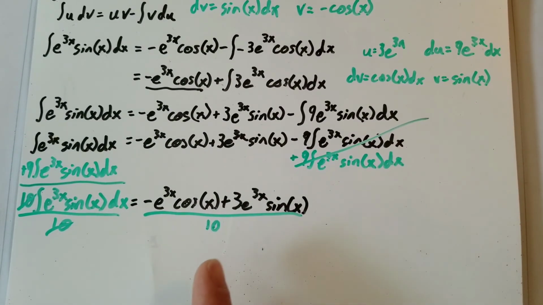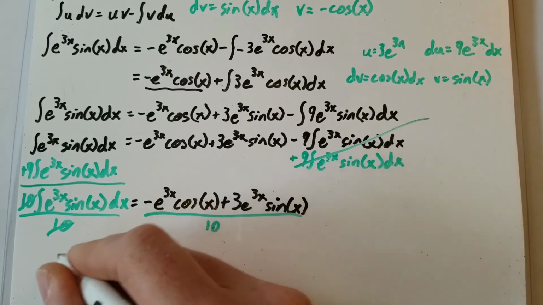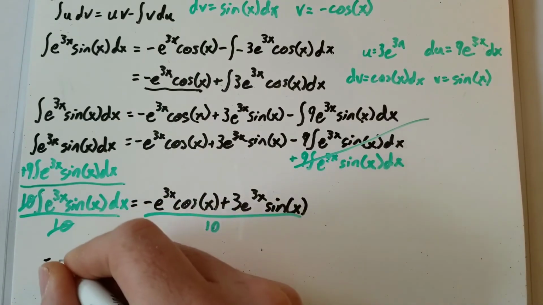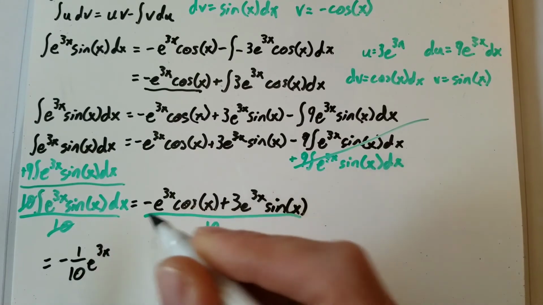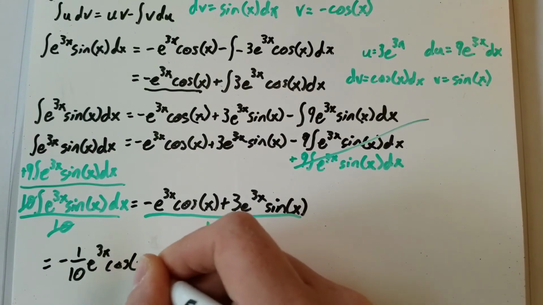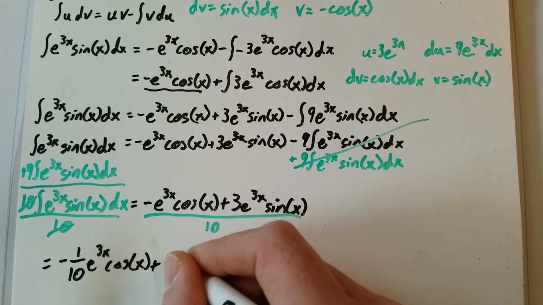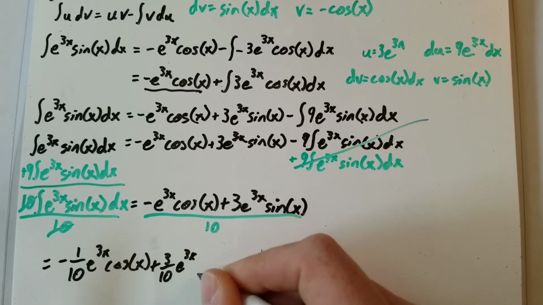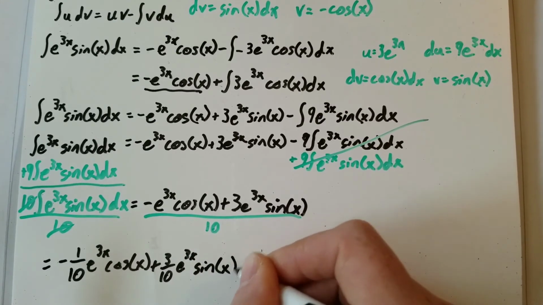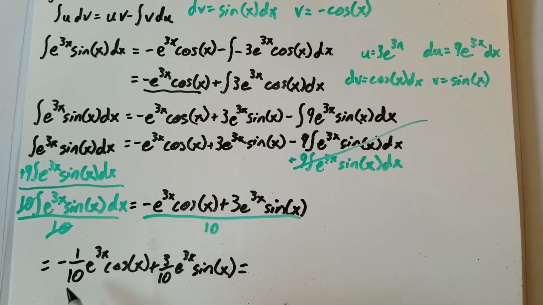So let me just clean this side up a little bit. Now what we have is this equals negative 1 over 10 times e to the 3x cosine x plus 3 over 10 e to the 3x sine x. Now we can clean this up by pulling out a negative 1 over 10 times e to the 3x, because we've got 1 over 10, we've got 3 over 10, and we've got e to the 3x here.